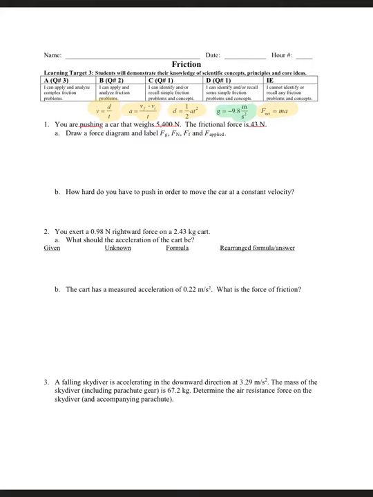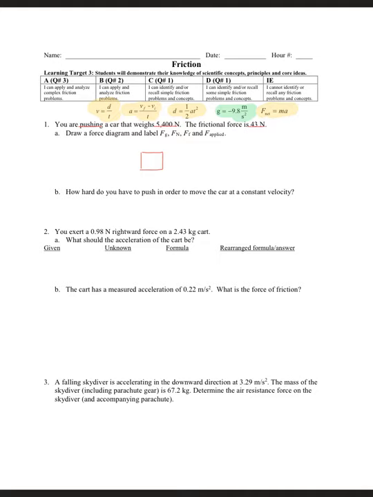are being applied to an object, right? And if we do, we're going to draw a nice little square here. And this square is going to represent an object. And this is our object. So we're going to apply some different forces, okay? So let's say we're pushing an object. That means the object has an applied force going in a direction.